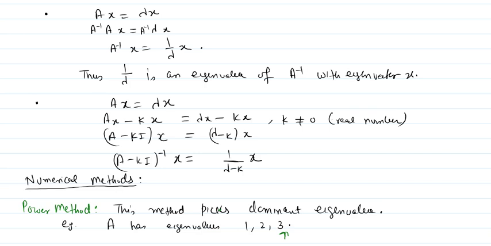So this is an iterative method which picks the dominant eigenvalue and also the corresponding eigenvector. The advantage of this method is that you not only get the eigenvalue but also the corresponding eigenvector. And we will see further that by modifying this method we can pick other eigenvalues.